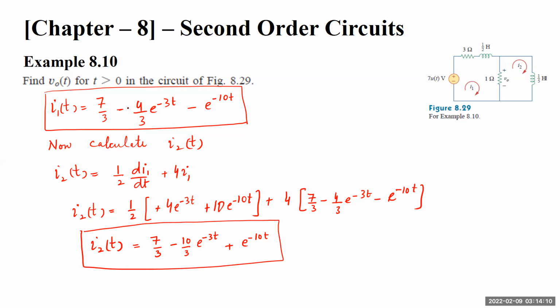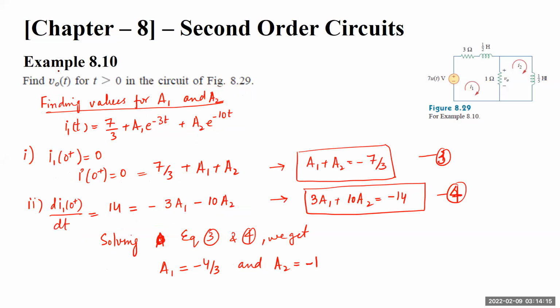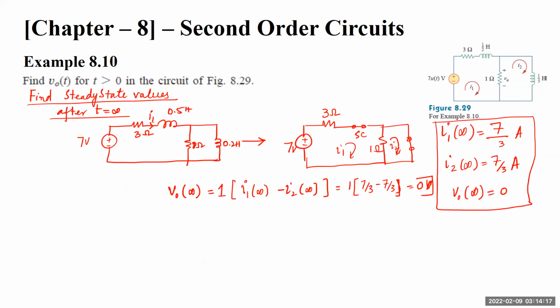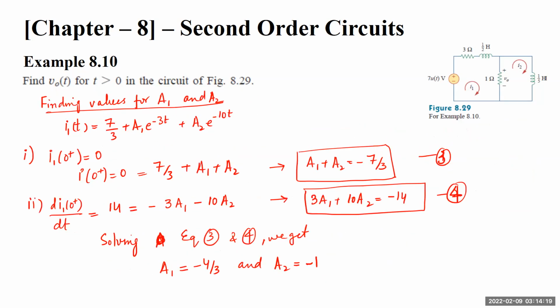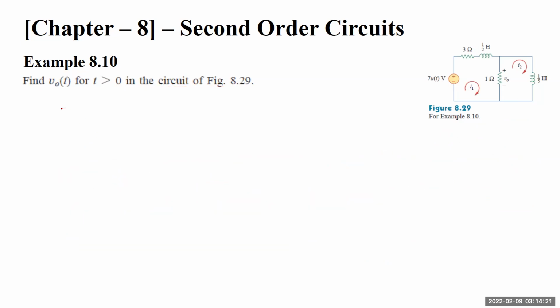Now we have to find out V naught of t. Remember, V naught of t is 1 ohm times I1 of t minus I2 of t. That is basically the voltage appearing across this.